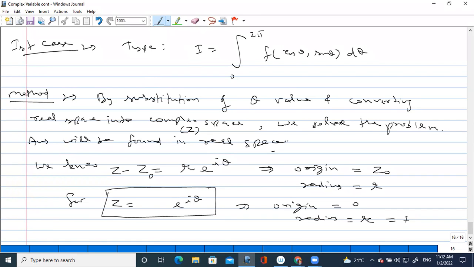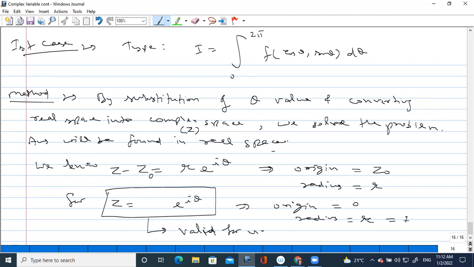This will be used for transformation. So z equal to e to the power i theta gives the relation between theta and z. Understood? So that we want. So then this will give me the unit circle. So it is valid for unit circle.